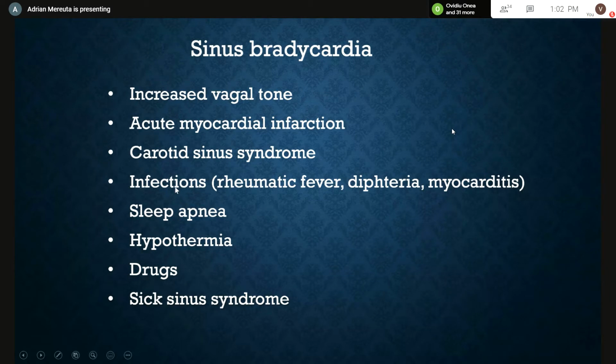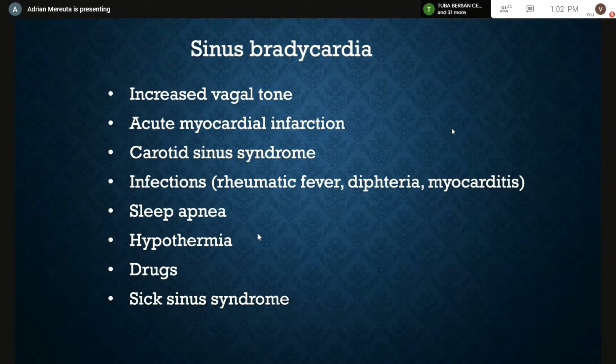Otherwise, other causes: infections, rheumatic fever, myocarditis, sleep apnea. I told you about this. Hypothermia. Hypothermic patients are usually bradycardic and have this specific Osborne wave. Do you know what the Osborne wave is? J-point elevation.